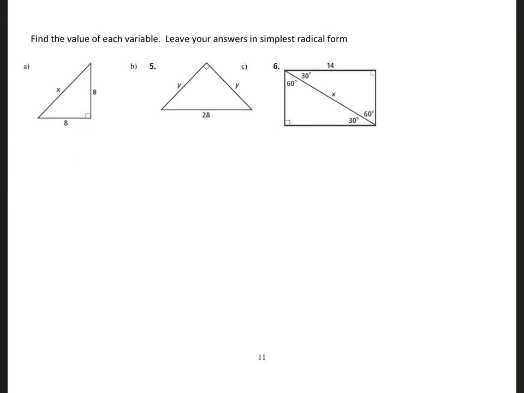So here, let's do some examples. Here I have the first triangle. Let's find x. I see this is a 45 degree triangle because those sides are congruent, so it's going to be 8 square root of 2. We go to the next one. It's a 45 degree triangle, so that's going to be 28 divided by square root of 2.